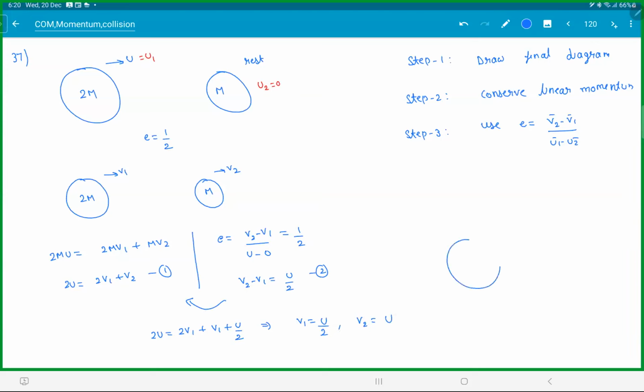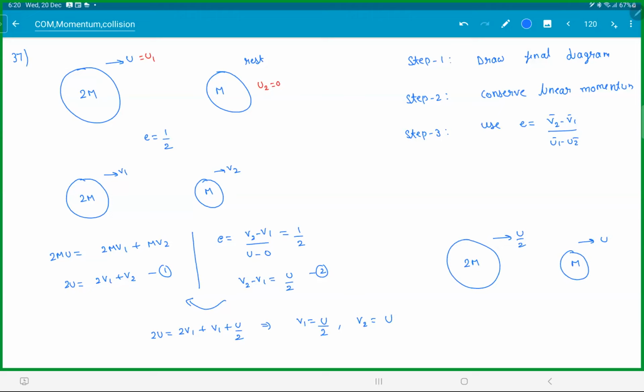That means after collision, the 2m is going with half of the speed, whereas this m guy is going with speed u. Velocities are vectors, there's no concept of vector division. Isn't it? You can't take vector divisions there. Clear? Steps are easy.